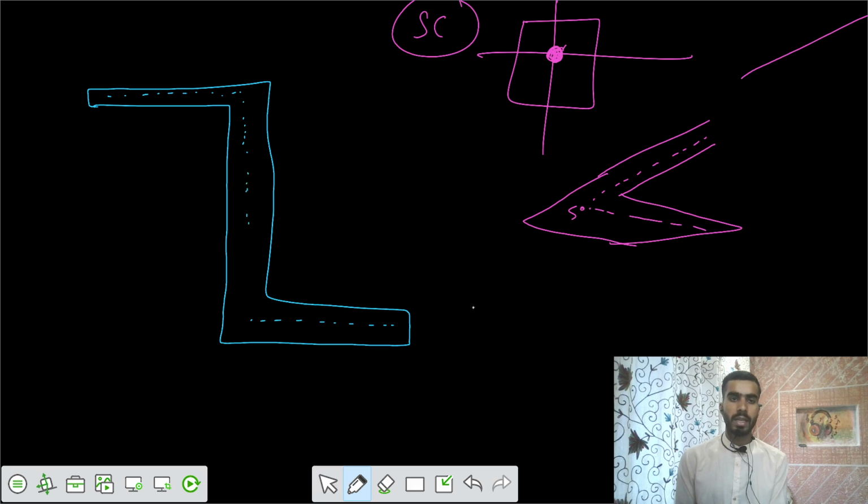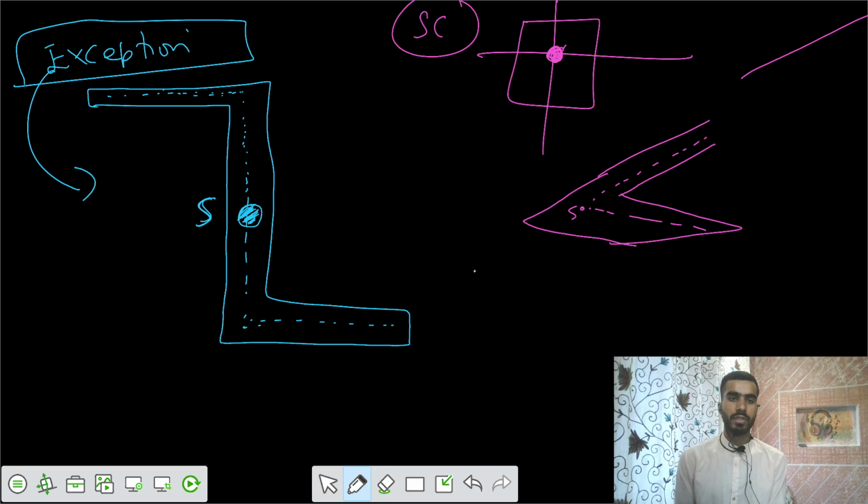If I take the intersection of this one, this one, and this one, the shear center follows some point developed there. We say that this is the shear center for this case. This is some exception from the other examples, a different case of shear center.